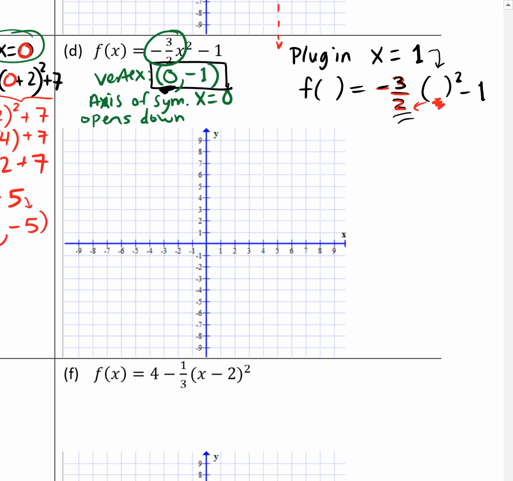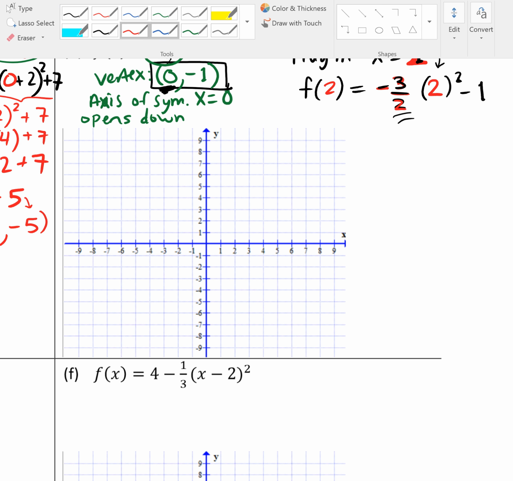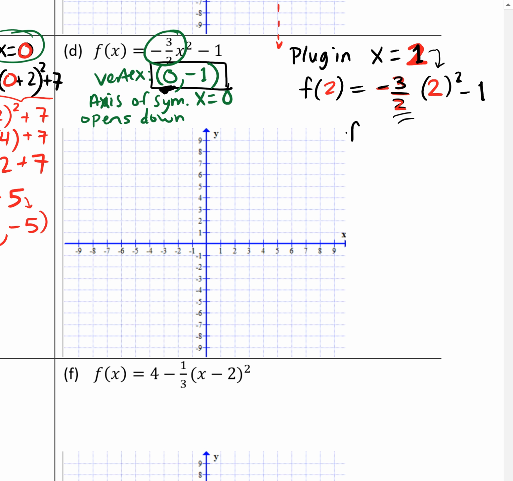So maybe I'll make it an even number like 2. That might not be a bad idea. Because notice if I put a 2 in there, I'll square 2, and that'll be an even number. And when I multiply an even number by that fraction, I'll get a whole number, which is nice. So I might do that. You don't have to. I mean, your answer would be a decimal or a fraction otherwise, but it's probably a good idea.